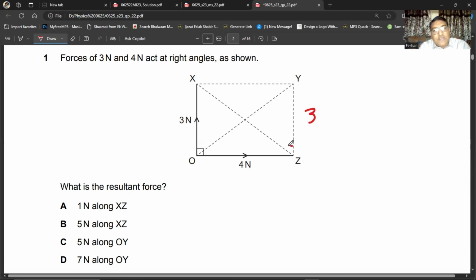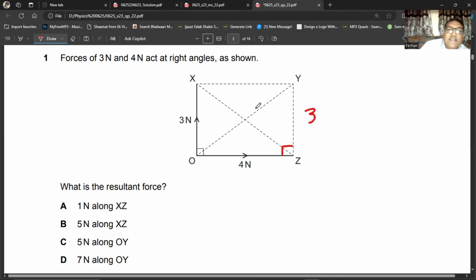If this is 3 Newton, this is also 3 Newton, because this is a parallelogram, so this angle will also be 90. Now you can apply Pythagoras here: 4 squared plus 3 squared equals OY squared. So OY squared equals 16 plus 9, which is 25, and when you take the square root of it, it is 5.